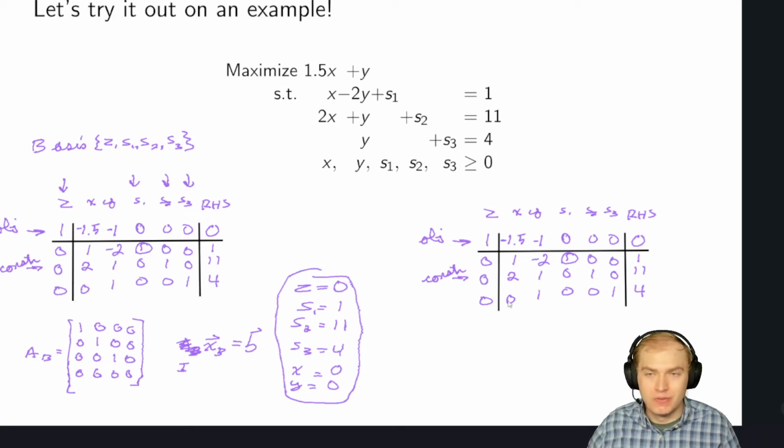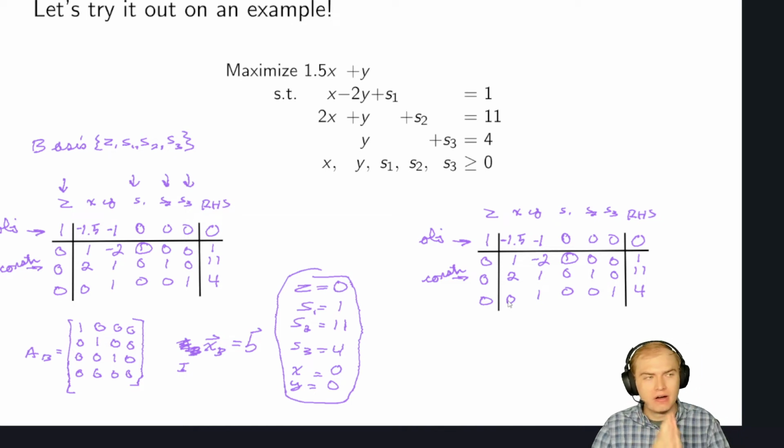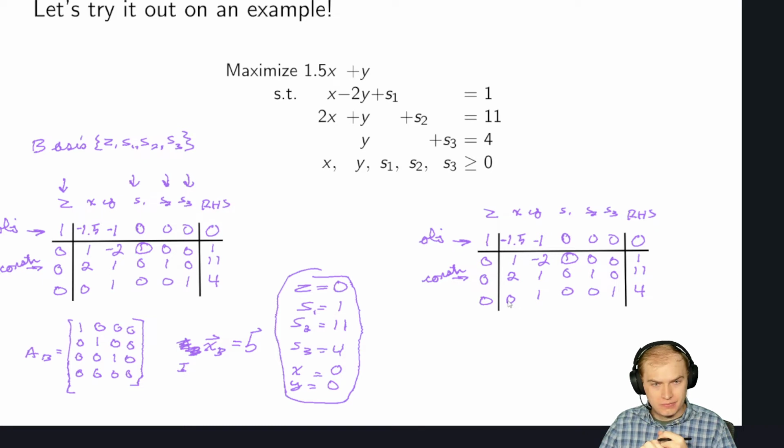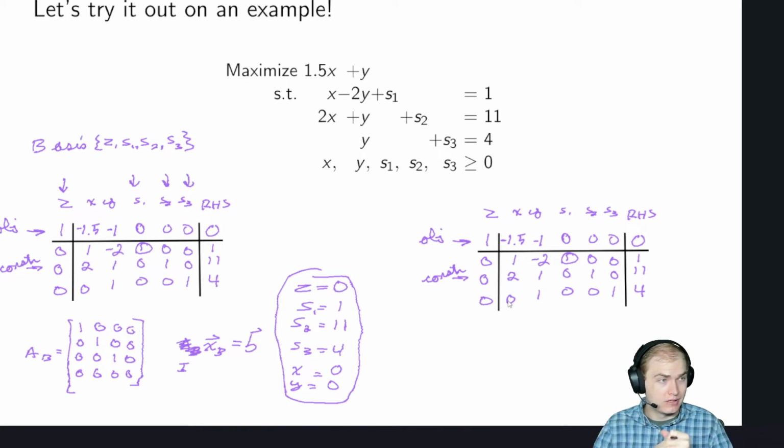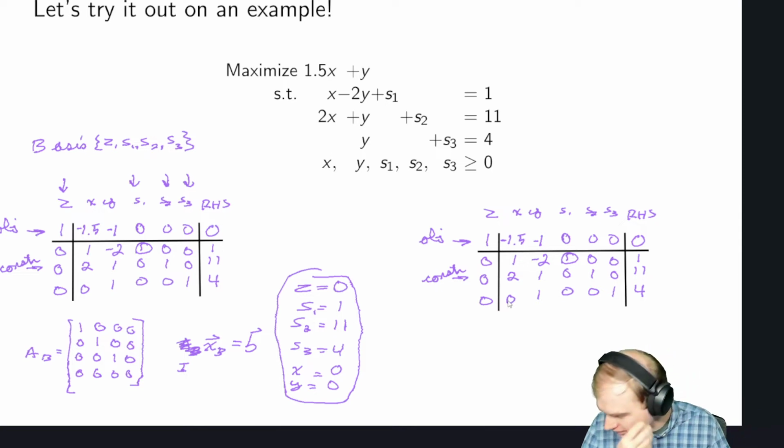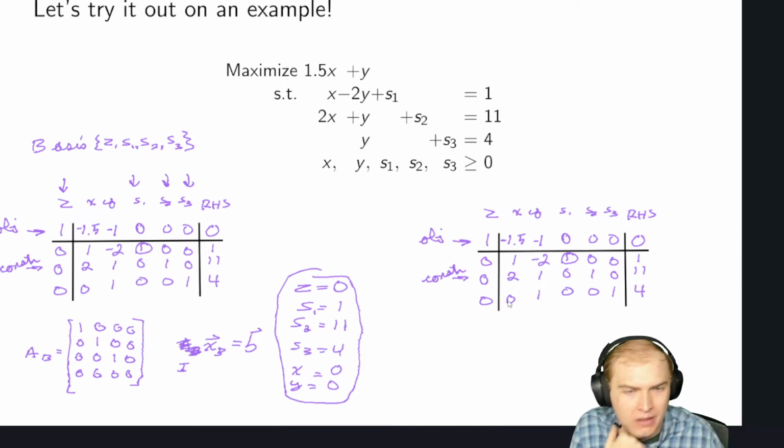Remember that our first step was determining which of our non-basic variables to add into the basis. Because this is in canonical form for our current basis, and in fact the tableau will always, by our operations here, be in canonical form for a given basis after an initialization, which we'll talk about on Friday.